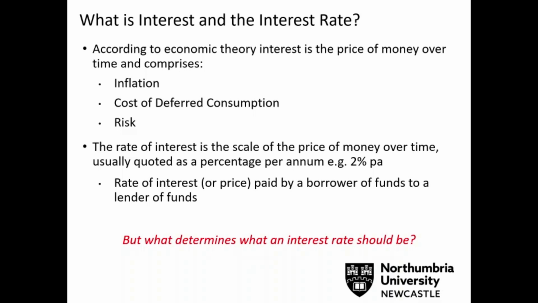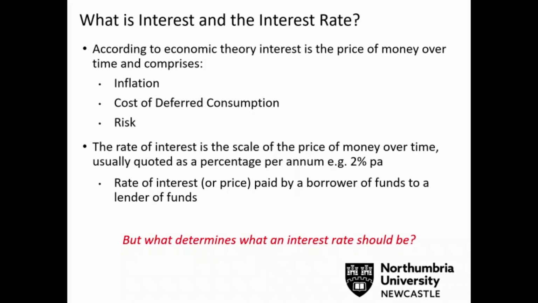When we talk about the cost of deferred consumption, if we talk about the likes of savers, they want to be rewarded with an interest rate for not purchasing now or using their wealth to purchase anything now to generate their own utility, happiness. So if you want to defer any consumption, you want to be rewarded for that.